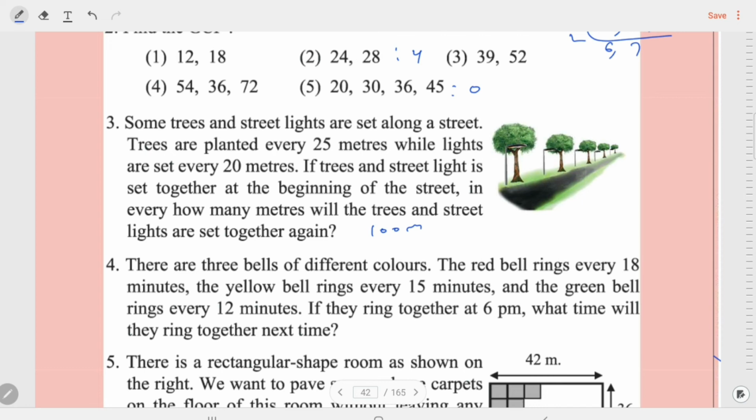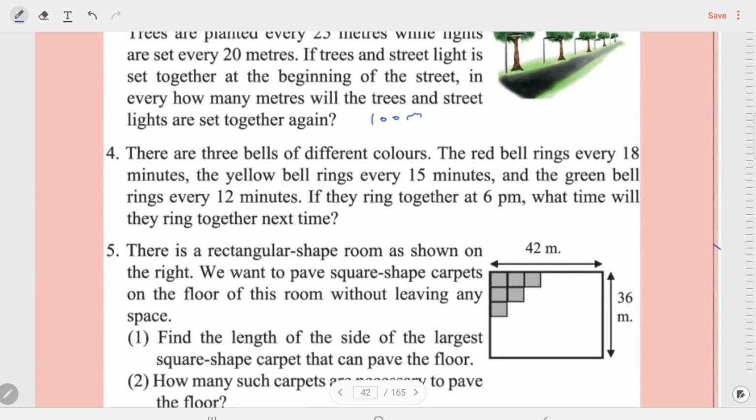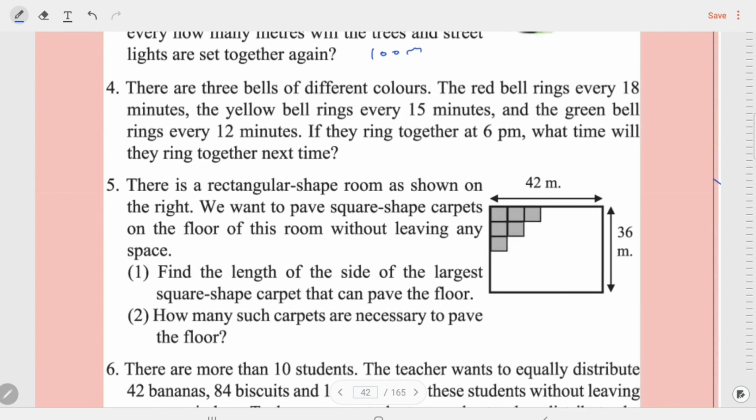Okay. There are 3 bells of different colors. The red bell rings every 18 minutes, yellow bell rings every 15 minutes, and the green bell rings every 12 minutes. If they ring together at 6 p.m., at what time will they ring together next time? Okay, this is also an LCM problem. 18, 15 and 12. 2 9s, 2 15s, 2 6s, again 3 3s, 3 5s, 3 2s.